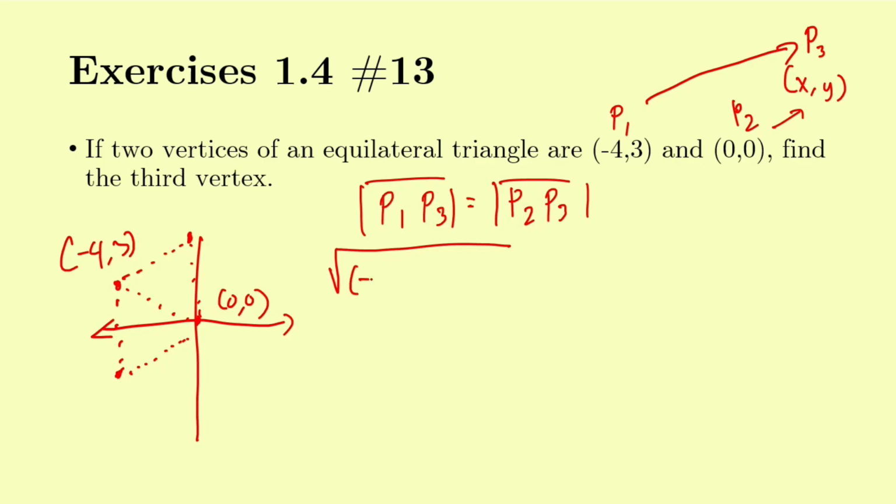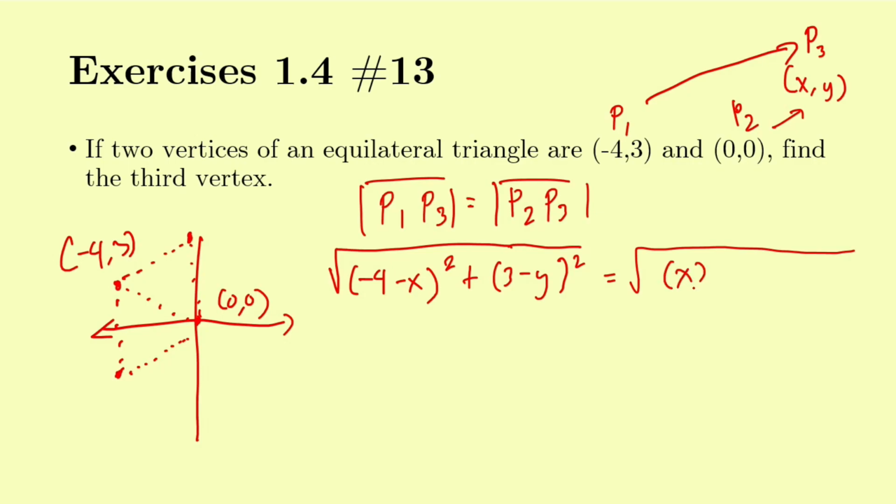This will be the square root of (-4 minus x, which comes from P3) squared, plus (3 minus y) squared, is equal to the distance of P2 and P3. So it's going to be the square root of (x minus 0) squared, or simply x squared, plus (y minus 0) squared, kasi nga origin, which is equal to y squared.